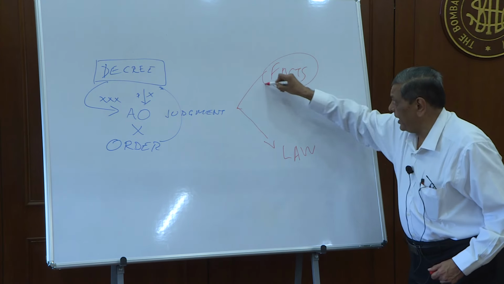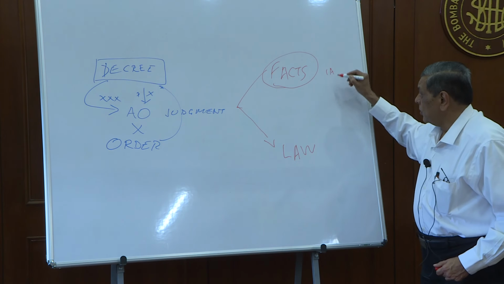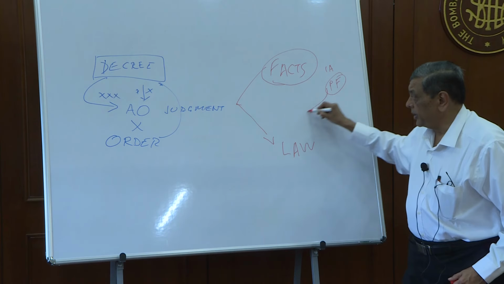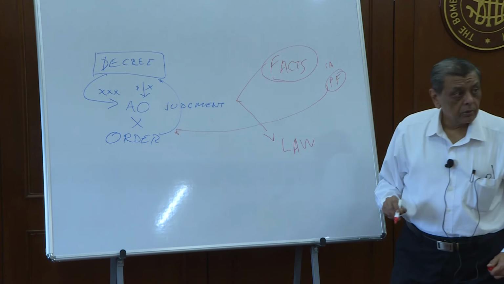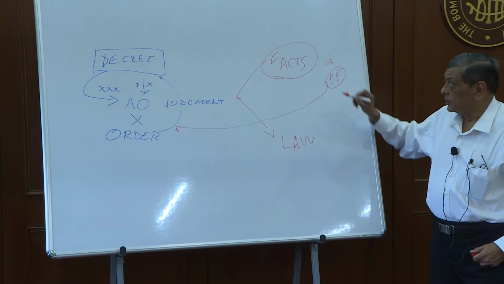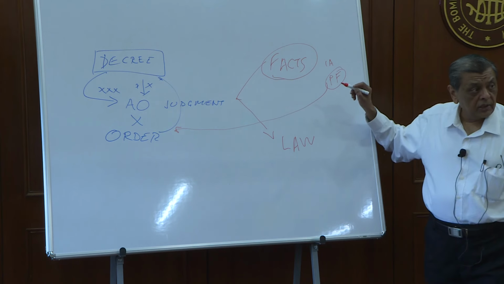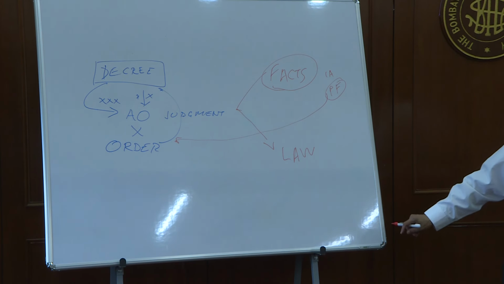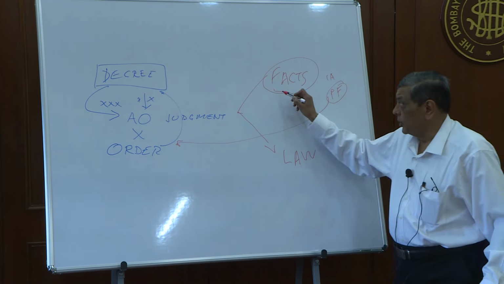An IA will take a prima facie view, which will be an order. These facts, when there is a formal adjudication and a final conclusive determination, will lead to a decree.